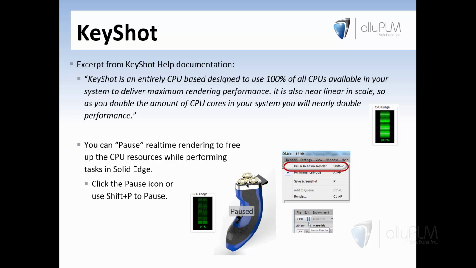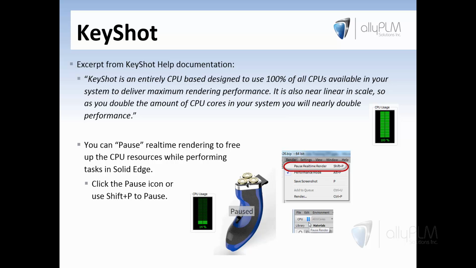So just a quick excerpt from the KeyShot help documentation. KeyShot is an entirely CPU-based program, so it's designed to use 100% of all CPUs available in our system to deliver the maximum rendering performance. It also works on a near linear scale, so as you double the amount of CPU cores in your system, we'll also be able to nearly double our performance of KeyShot.